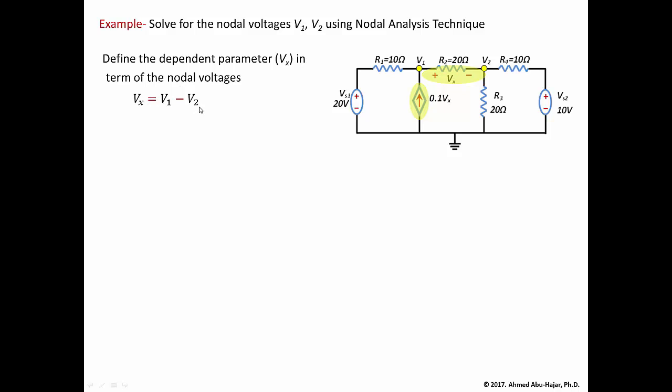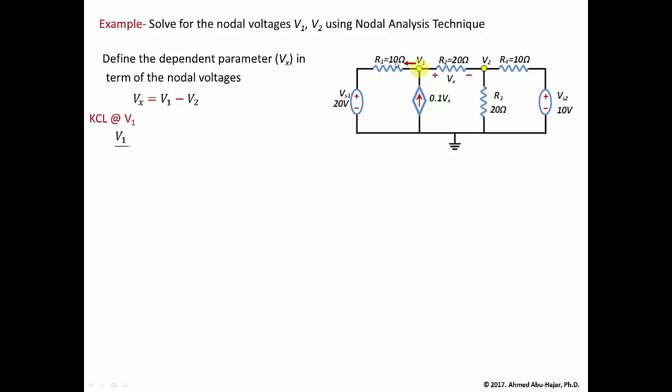Then you are going to come to node 1 at V1. At V1, where we have this node, you are going to sum all the currents leaving the node. So I'm going to start with the current on this branch. The current in this branch, which is the 10 ohm resistor, is going to be V1 minus the voltage here, which is the 20 volts, over this resistor.